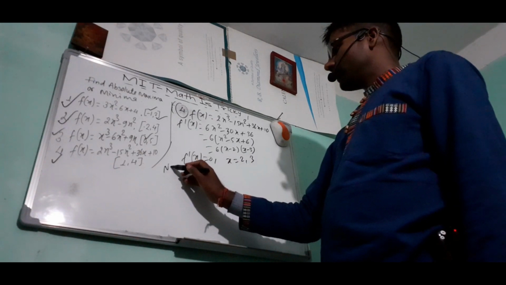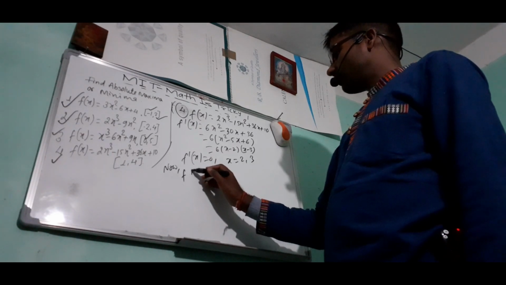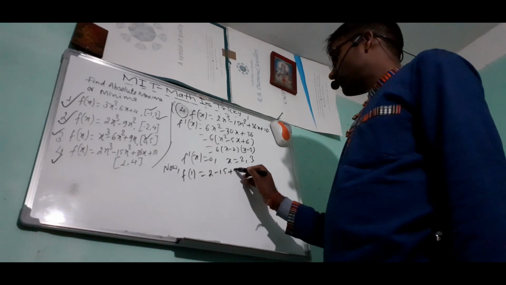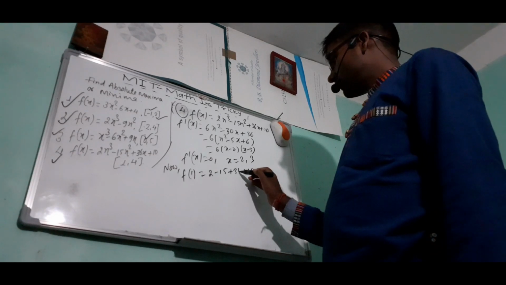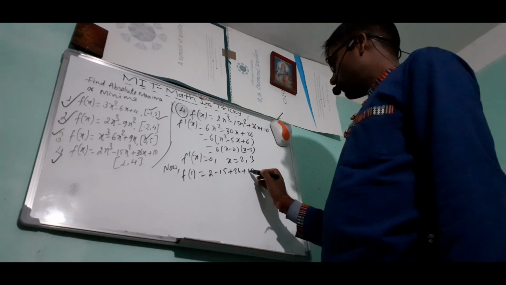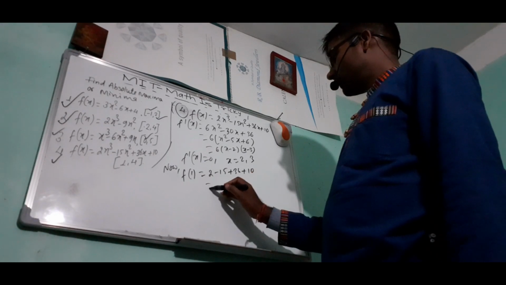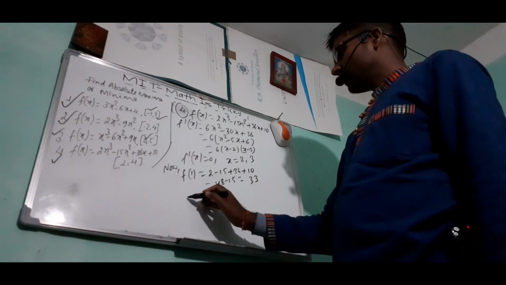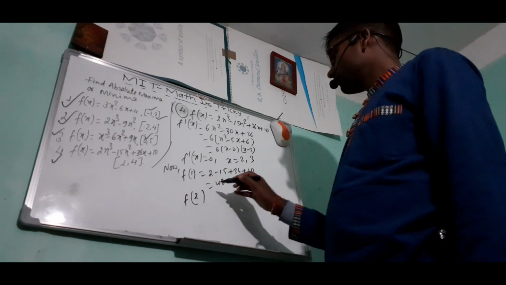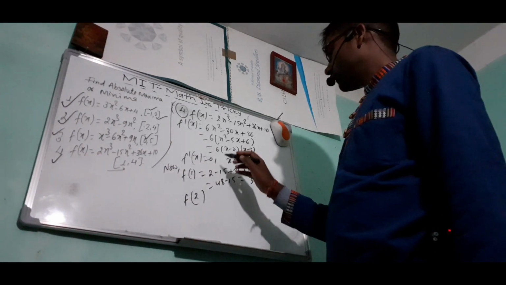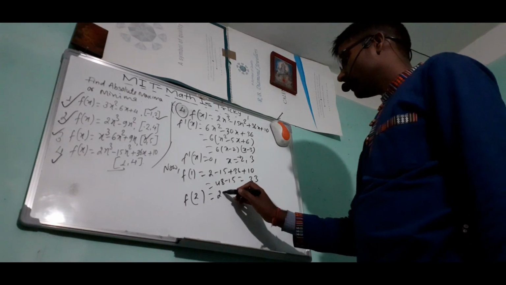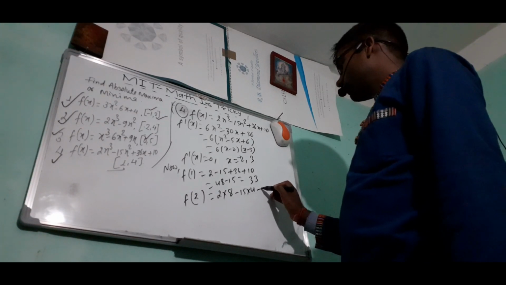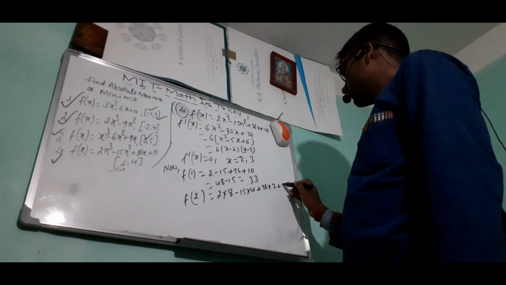Now let's find the functional value. First f of 1, it will be simply 2 minus 15 plus 36 plus 10, which is 33. f of 2 will be, for this boundary, 2 into 8 is 16, minus 15 into 4, plus 36 into 2, plus 10.